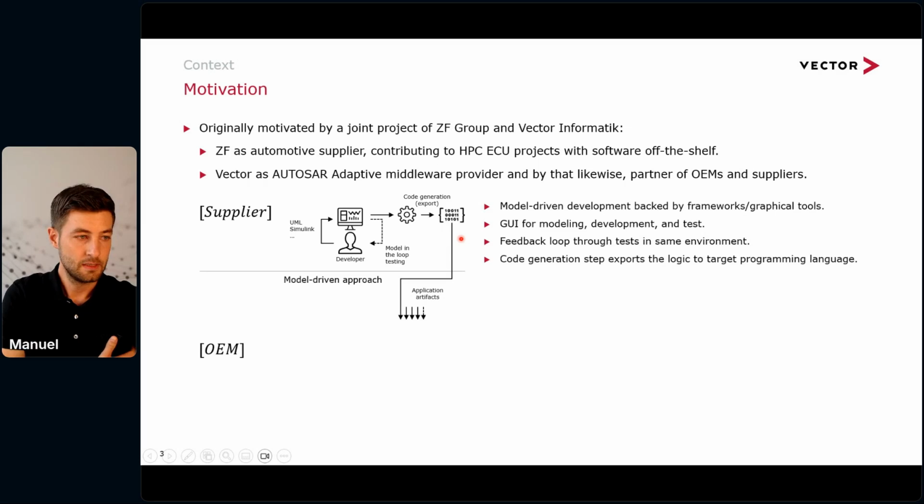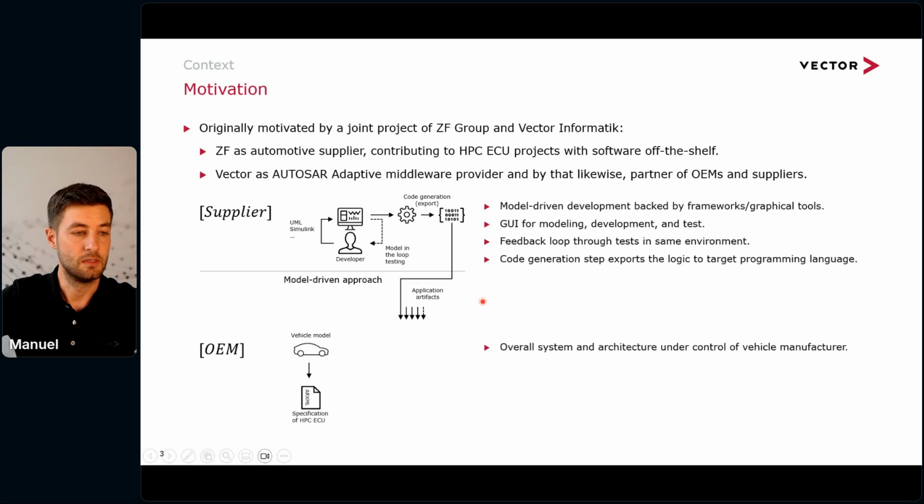Now, switching sides from the supplier, the application got developed here, exported, and now is ready to be integrated at the OEM side into some ECU project, so part of a vehicle. And what we see in the OEM side is often a team or teams working on an overall system architecture.